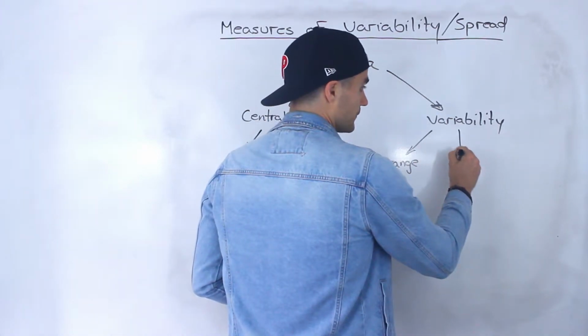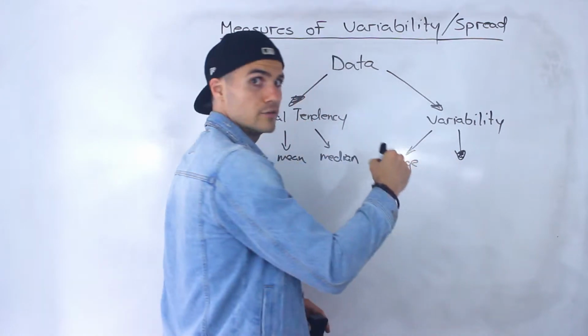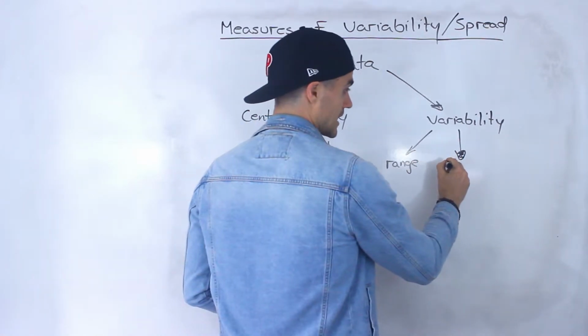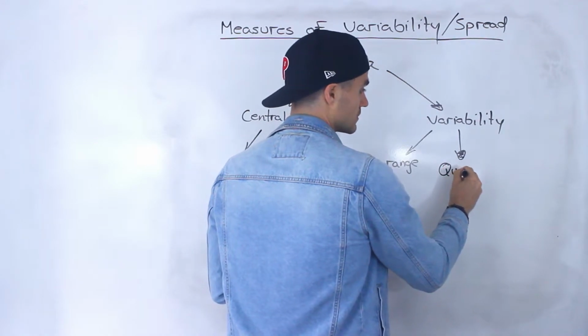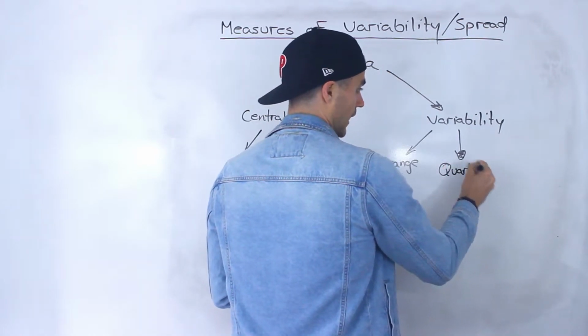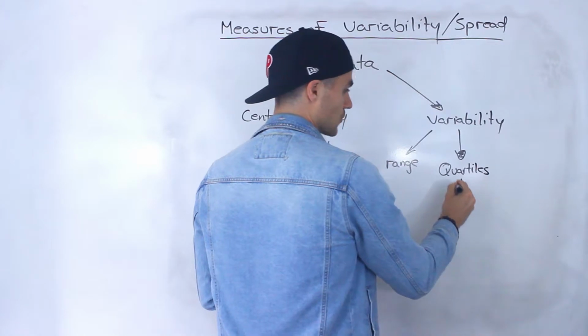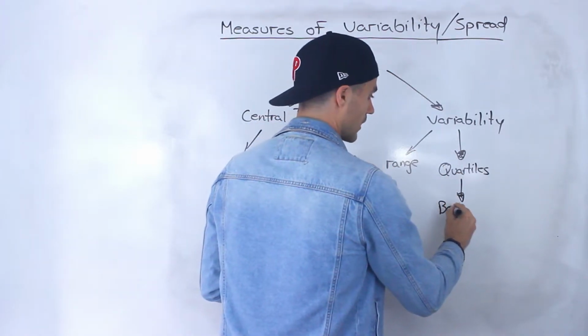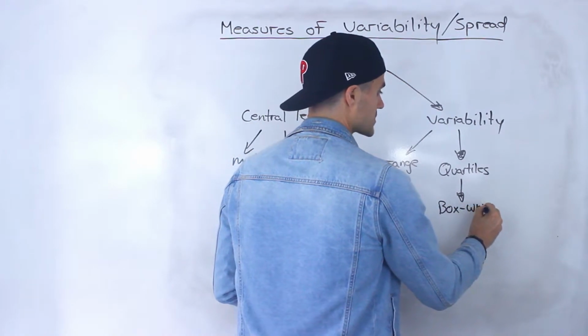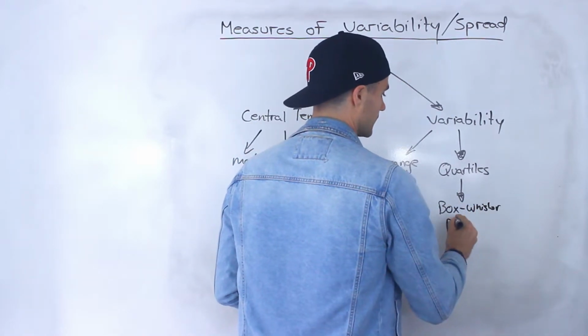Another tool that we're going to cover in future videos is taking the data and splitting it up into quartiles. Related to quartiles is a way to display the data through something called a box whisker plot.